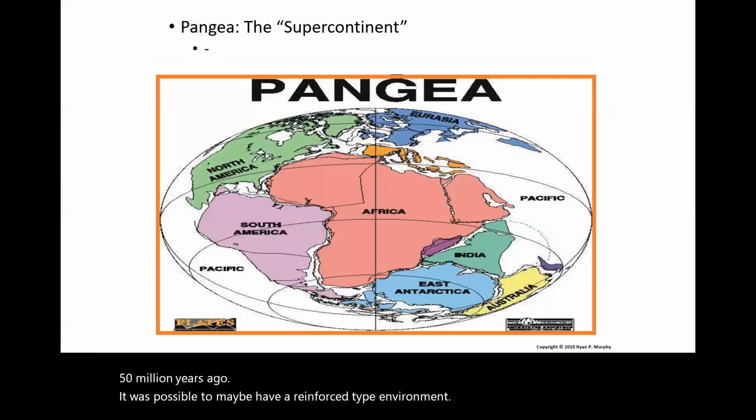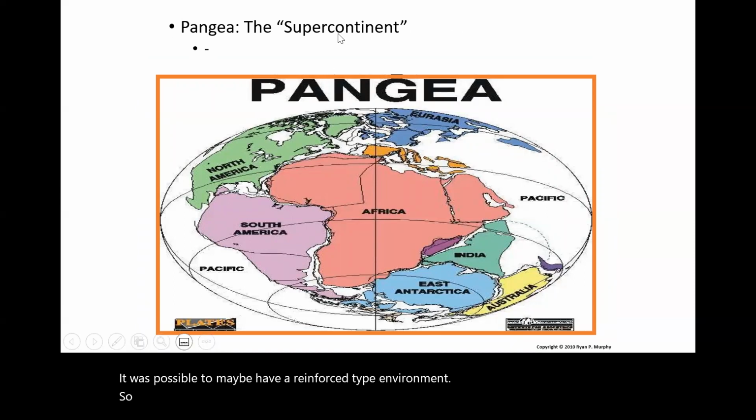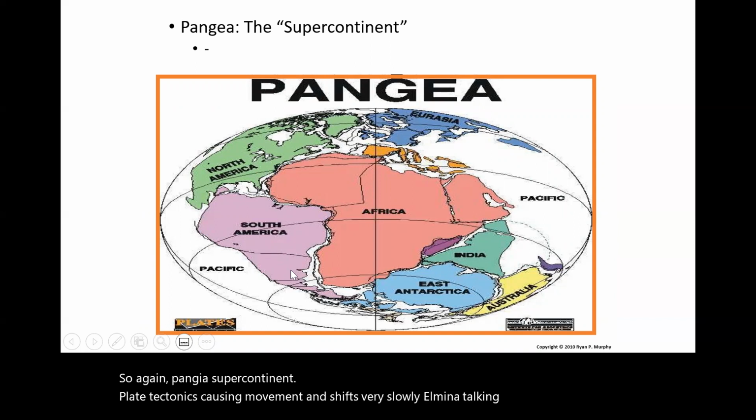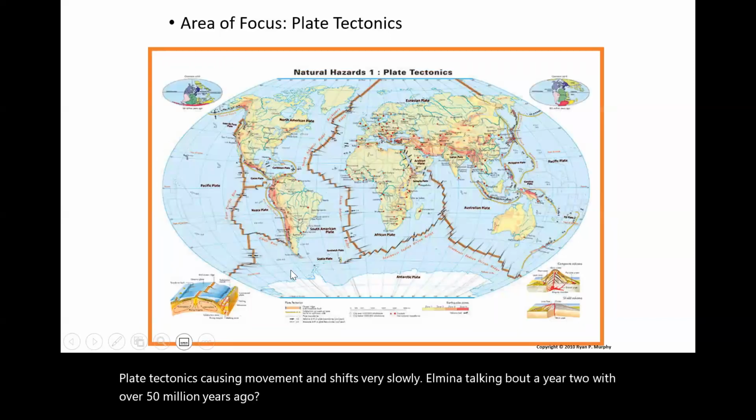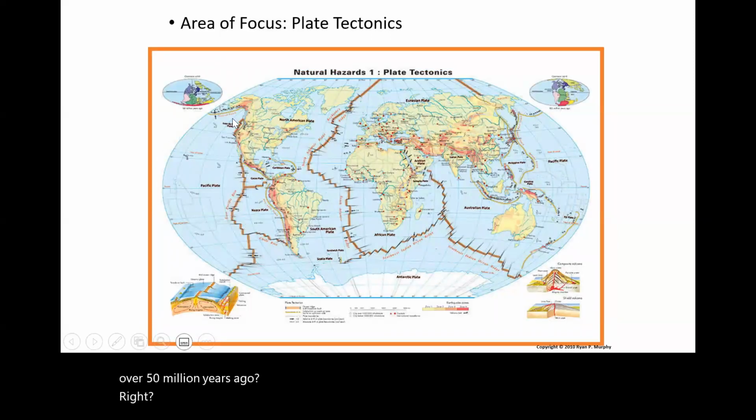So again, Pangaea, a supercontinent, plate tectonics, causing movement and shifts very slowly. We're not talking about a year or two, we talk about 50 million years ago. All right? And now let's look at these. These are our boundaries of plate tectonics.